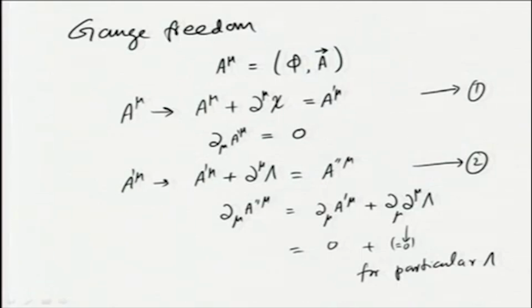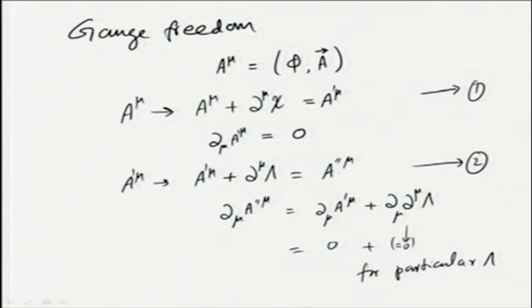It is always possible to choose A double prime by adding the derivative of a scalar function again to A prime, as in the case of equation 2.